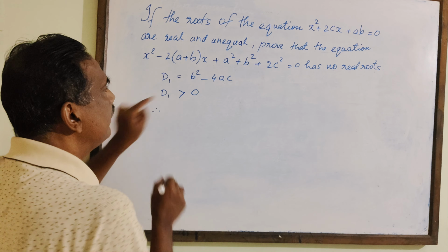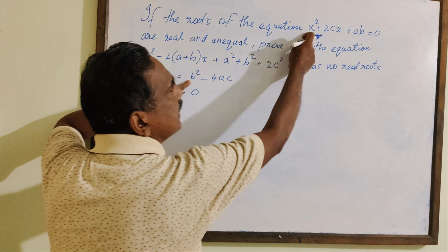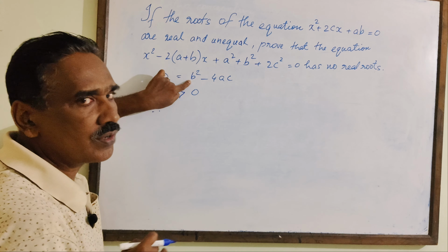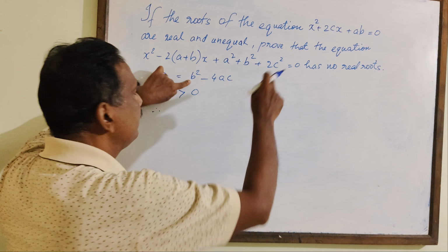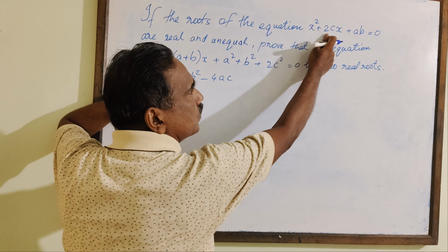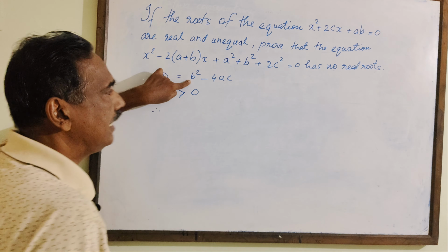Therefore, what is D1? b square minus 4ac. Here you check ax square plus bx plus c equal to 0, the general form of a quadratic equation. If you compare that, a is 1, b is 2c, and c is ab.